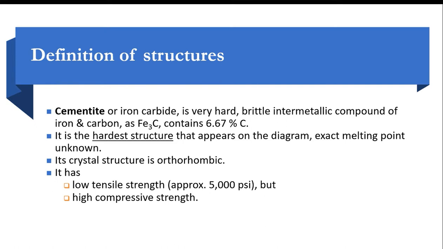Low tensile strength, approximately 5000 psi, but high compressive. Right? Your tensile is low, but it is very strong in compression. You know the difference between the tensile and the compressive, right? Think, you have experience with cast iron and steel, right?